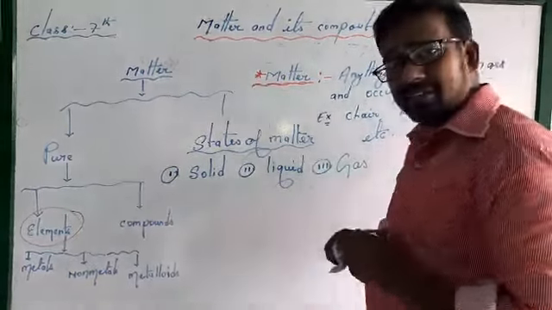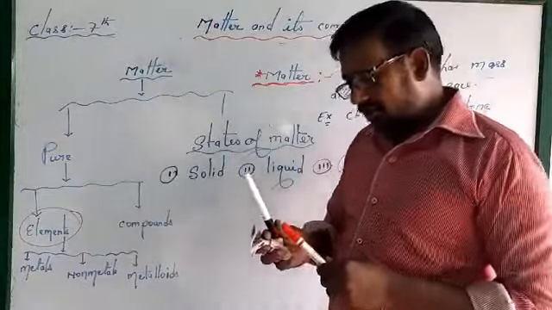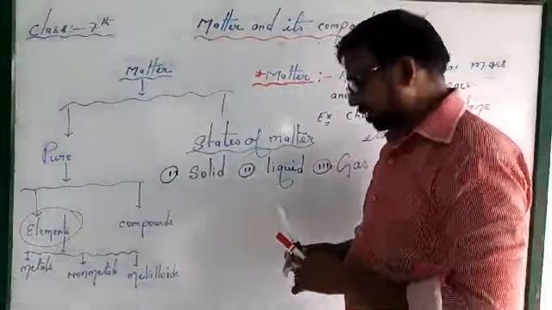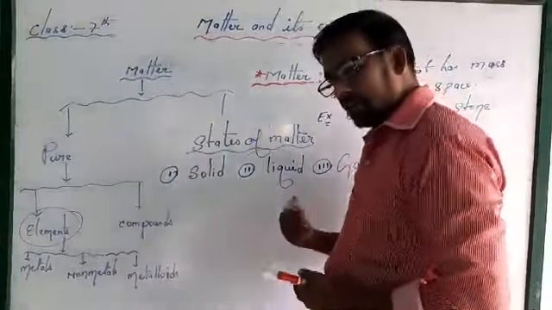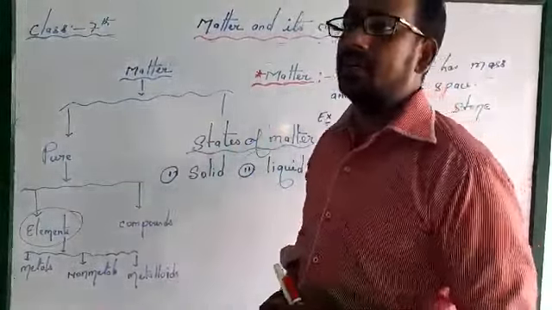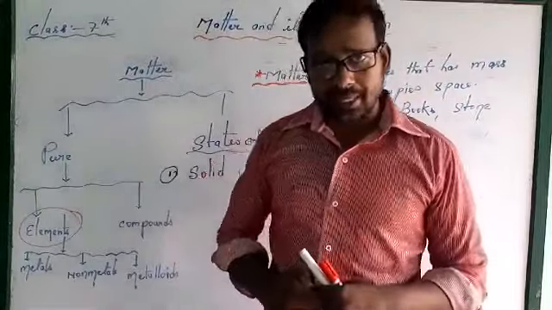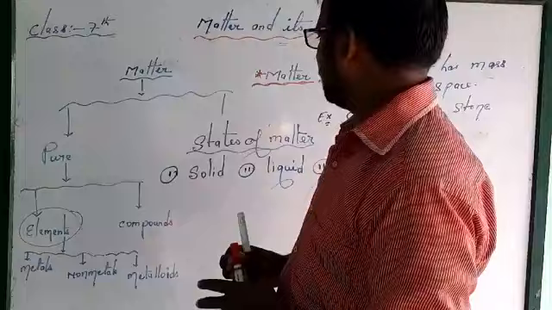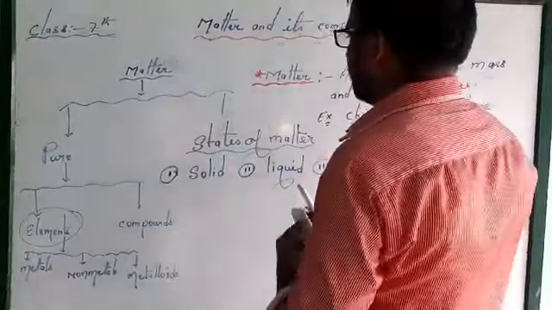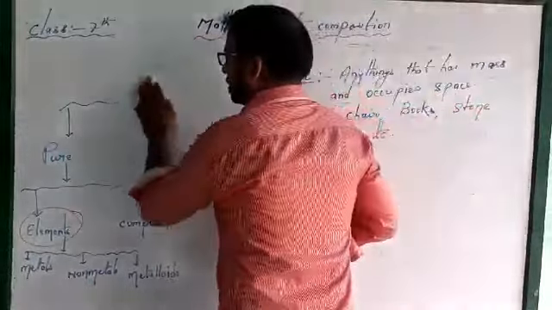These are the 3 states. Now, before we start the characteristics of these states, I want to make you understand intermolecular space and intermolecular force of attraction. So please see carefully, my dear students, what is space.